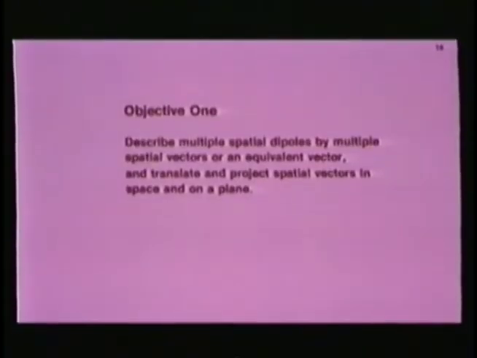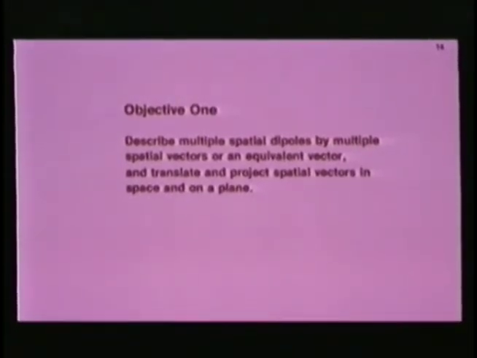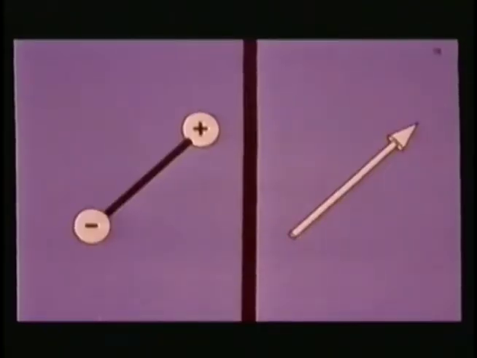Your first objective is to be able to describe a distributed dipole layer by multiple spatial vectors and an equivalent vector, and to translate, summate, and project vectors spatially and on a plane. Dipoles have magnitude and are directed in space along their axes.